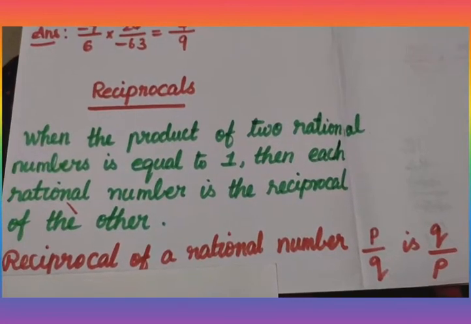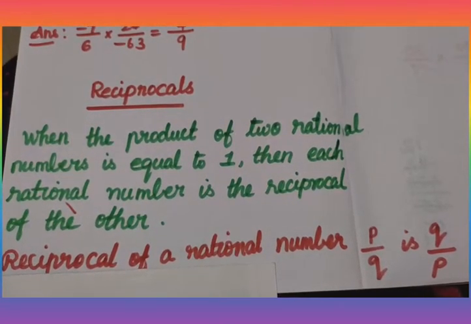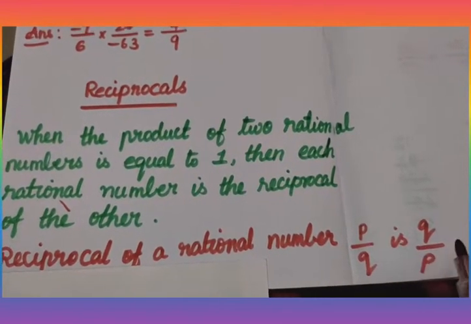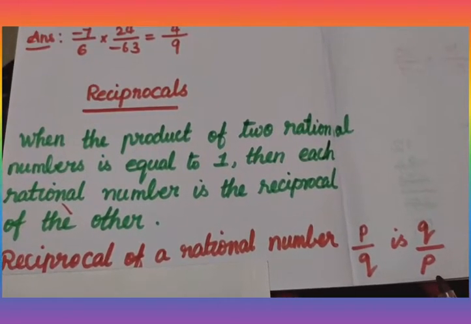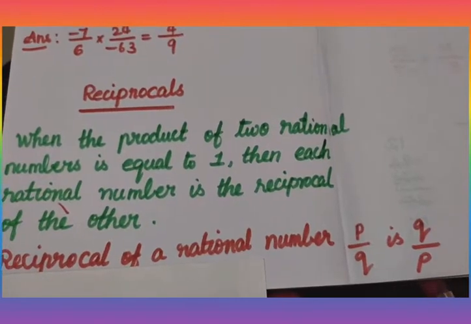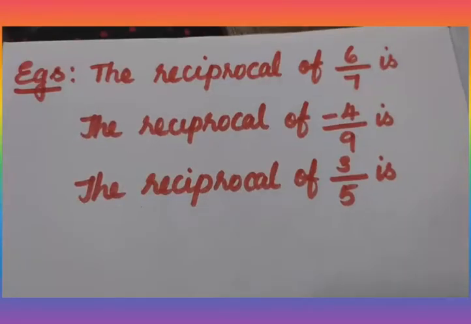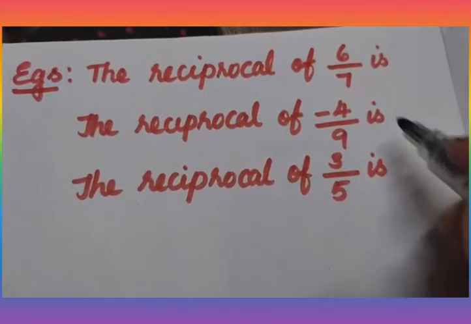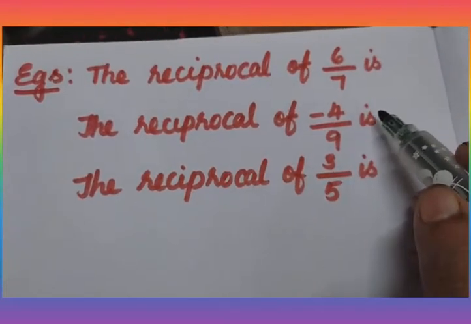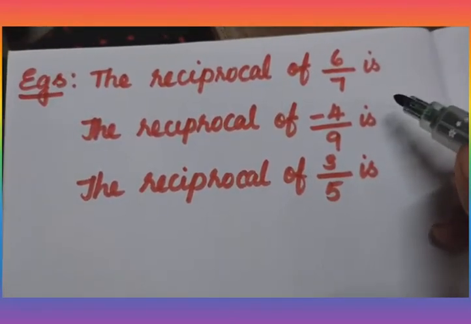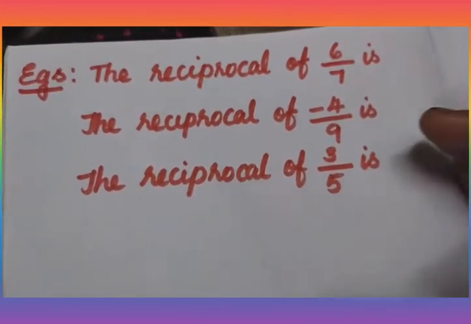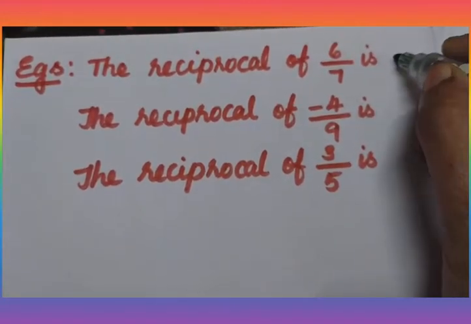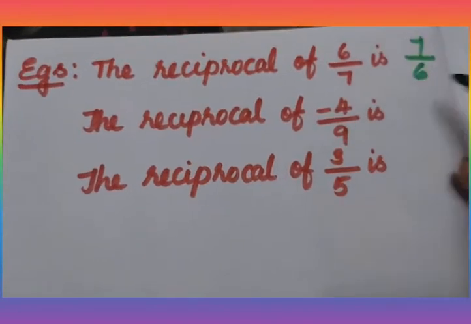When the product of two rational numbers equals 1, then each rational number is the reciprocal of the other. The reciprocal of a rational number p by q is q by p. Look at these examples. What's the reciprocal of 6 by 7? Just take the invert of the number: 7 by 6.